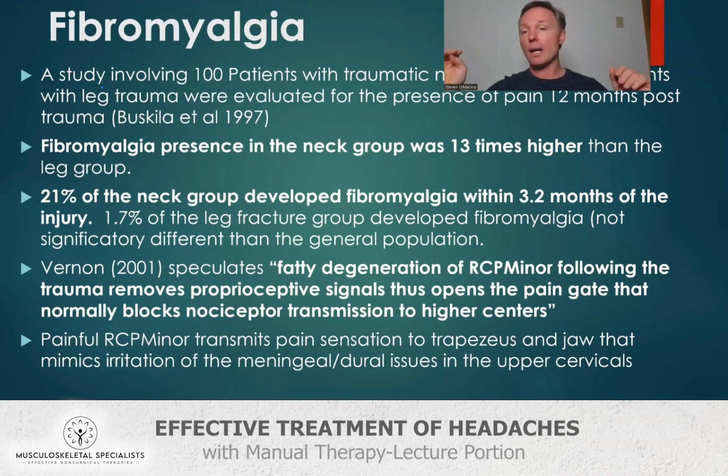Proprioception is where you are in space. That's how your body knows where it is at all times. My head's like this, and I know my head's like this. In the dark, underwater, in zero gravity, whatever, you're going to know the position of your head based on probably the RCP min giving that information over.